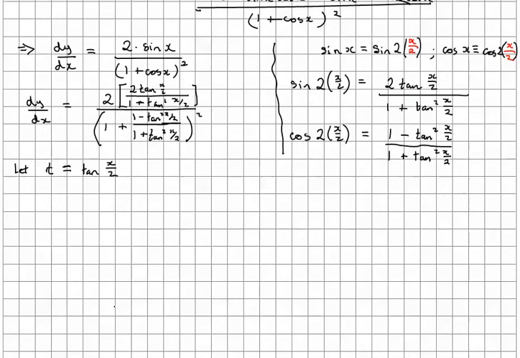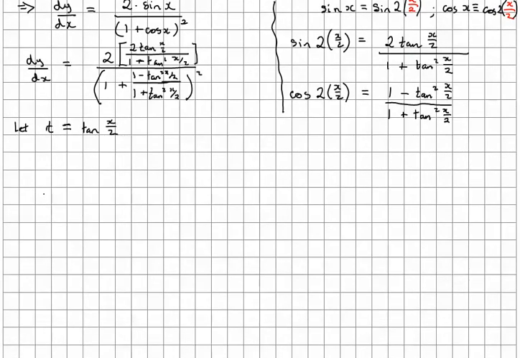Now, if I do that, what happens to my dy/dx? Well, let's have a look. dy/dx now will be, get a fraction bar here. On the top it's 2 times 2t all over 1 plus t squared.